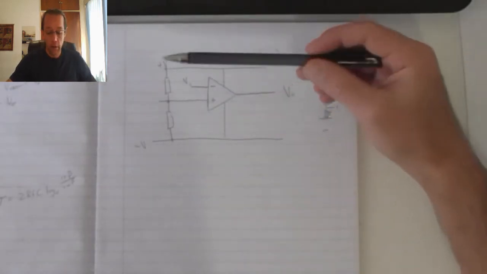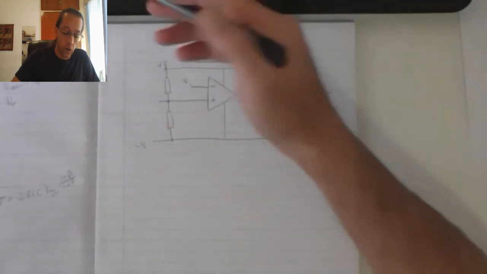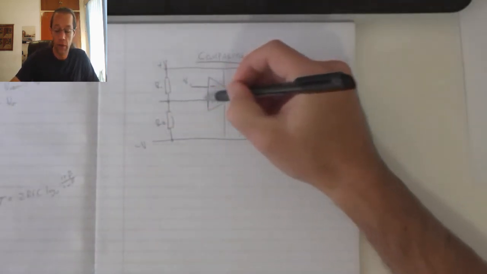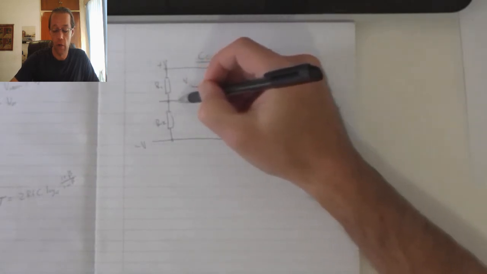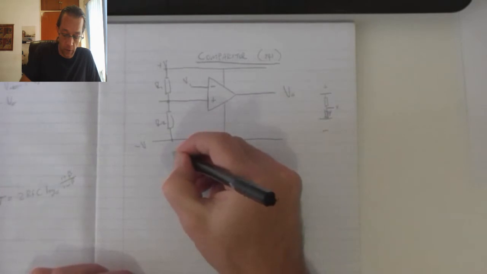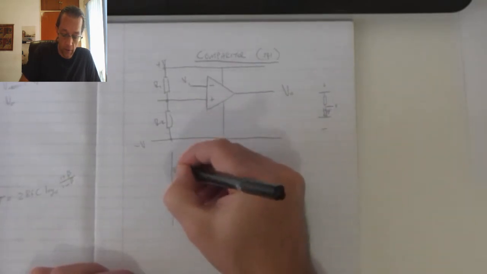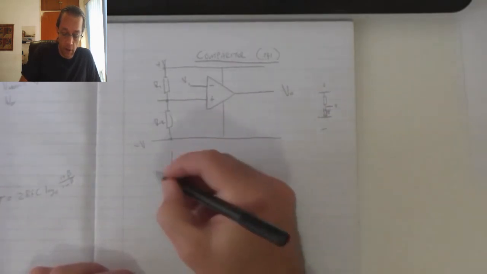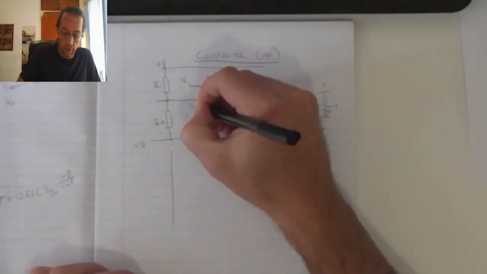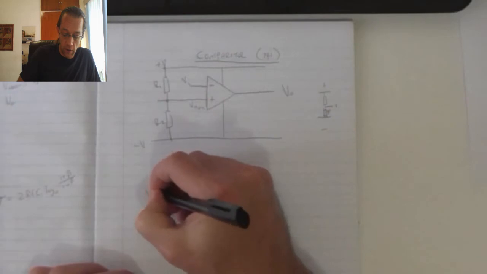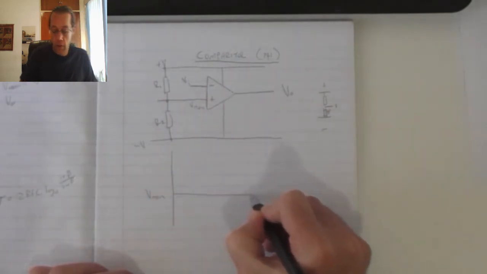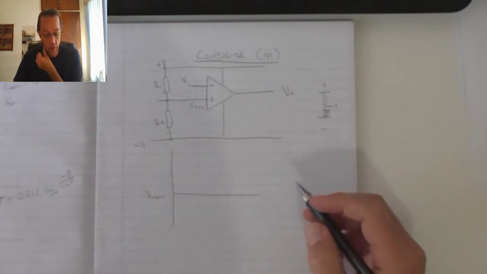The operation of the circuit: resistor 1 and 2 will generate a reference voltage on my non-inverting input. So if we look at the graph there, R1 and R2 generate a reference voltage on my non-inverting input.